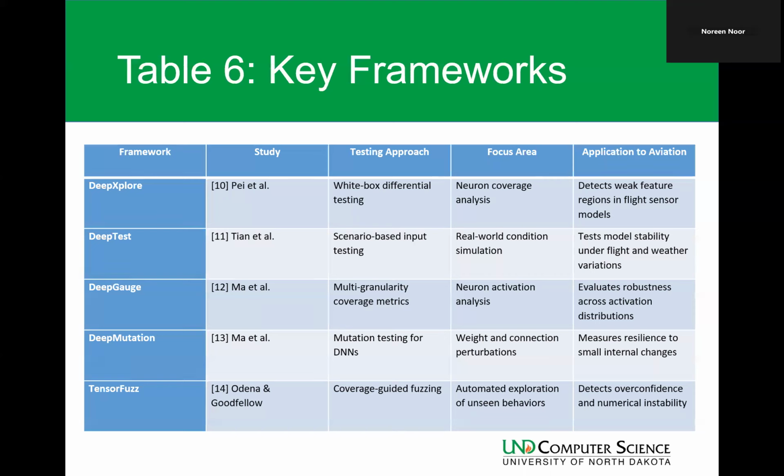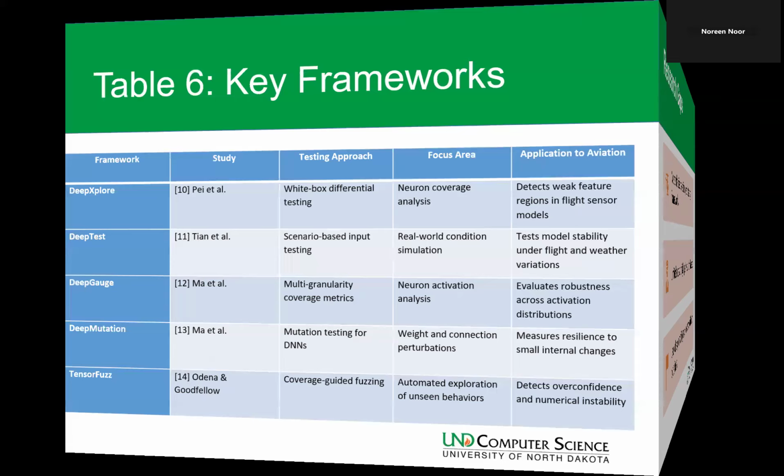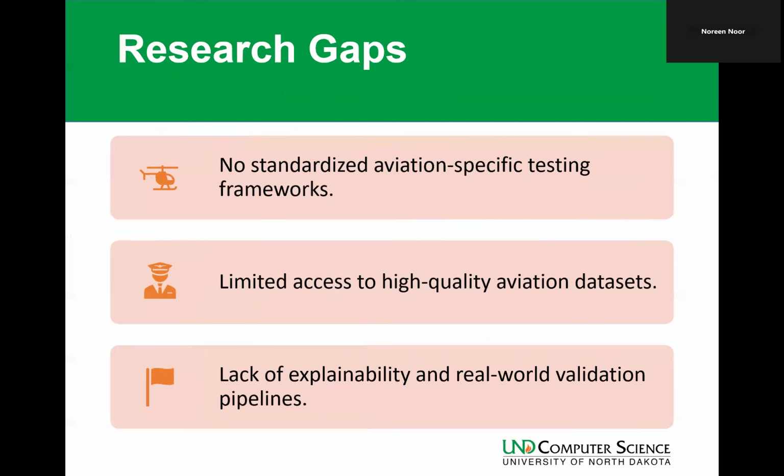Deep Mutation evaluates robustness and resilience, as I mentioned in the previous slide, and TensorFlow finds overconfidence issues that could cause instability in aviation systems. So overall, these tools provide complementary methods to ensure machine learning systems are reliable and safe before being integrated into aviation workflow.